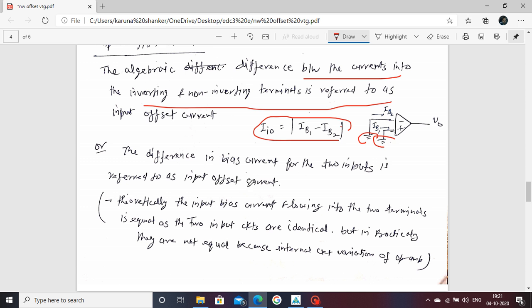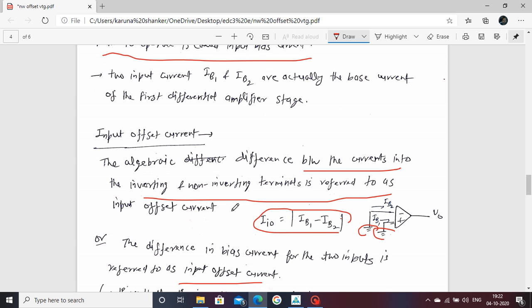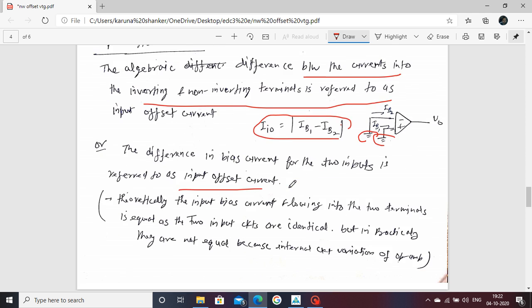The difference of bias currents for the two inputs is referred to as input offset current. Either definition can be used here; they are similar. Without any input applied, there is current flow due to mismatch of the transistors, and the algebraic difference between the currents flowing into the inverting and non-inverting terminals is called input offset current.